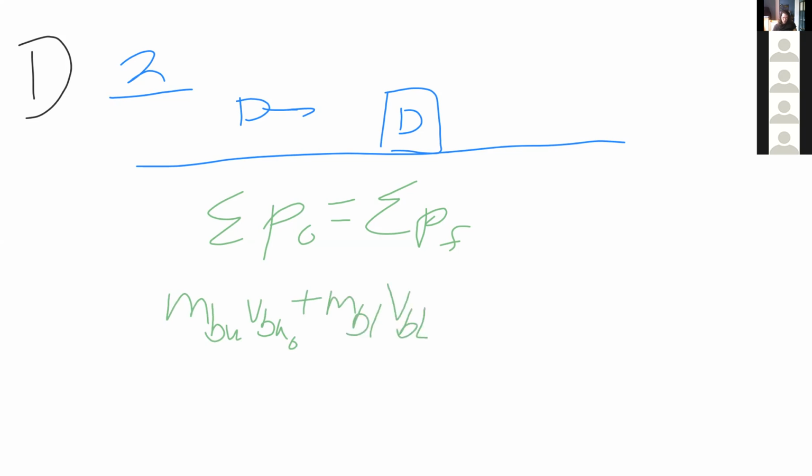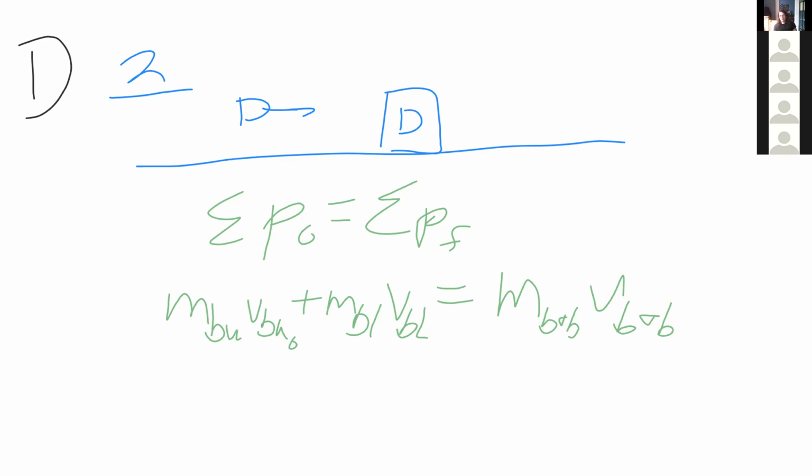Now, since this is the second block, the bullet becomes embedded in it, and that means you'll have a single mass traveling at a single velocity. So the momentum final will be the mass of the bullet and the block times the velocity of the bullet and the block after the bullet becomes embedded.